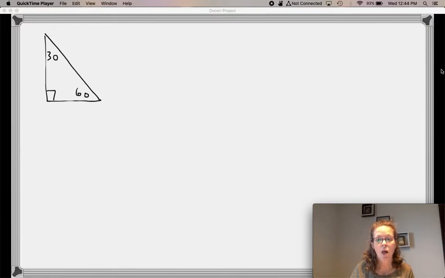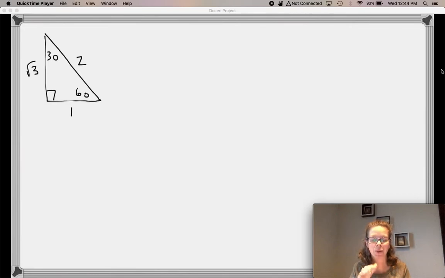The sides will always follow a particular pattern: across from the 30 is a 1, the hypotenuse is 2, and across from the 60 is a square root of 3. Now, we could take this triangle and blow up its lengths, but if we do so in such a way that the angles still stay the same, then all the sides are going to increase or decrease proportionately.